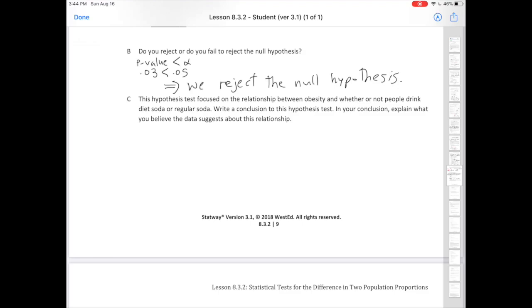So start with the significance level at a 5% significance level.